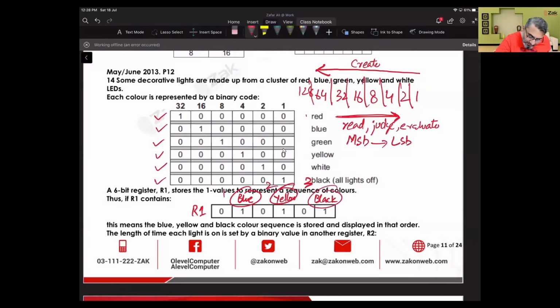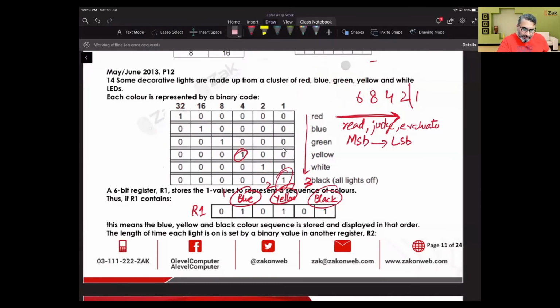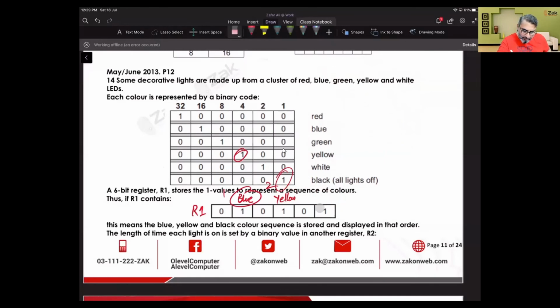It will read it in this order because this one over here is red, then blue, then green, then yellow, then white, and then black. Get the idea? So the computer will read the whole thing from left to right, in order of red, blue, green, yellow, white, and black.